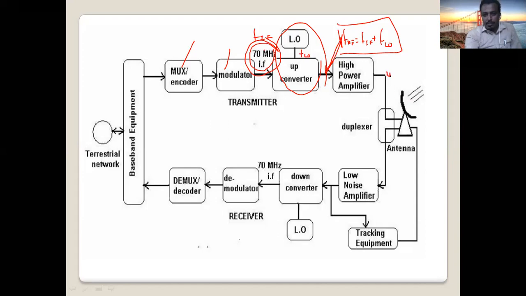How much is our uplink frequency here? For satellite, it can be C-band, let's say 6 gigahertz. 6 gigahertz is our uplink frequency, right? So this up converter mixer translates this 70 megahertz into 6 gigahertz.